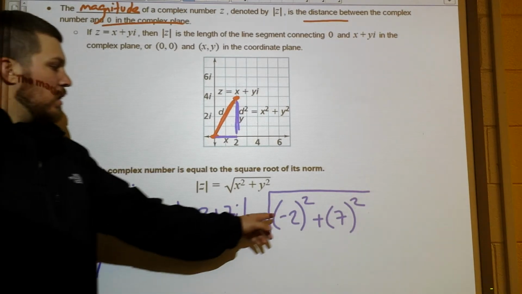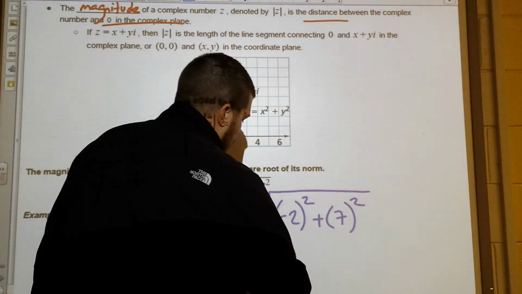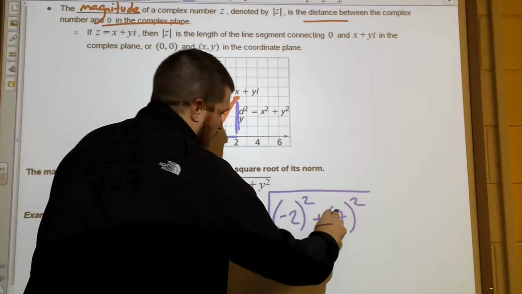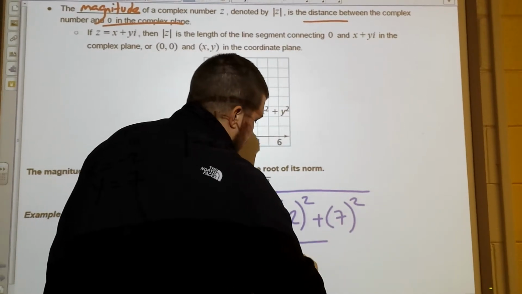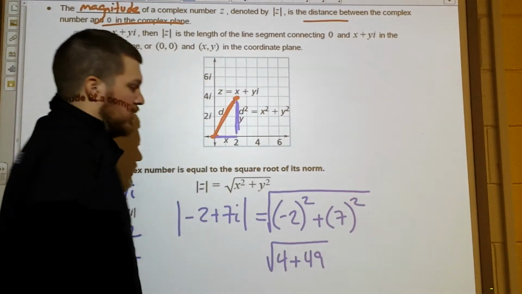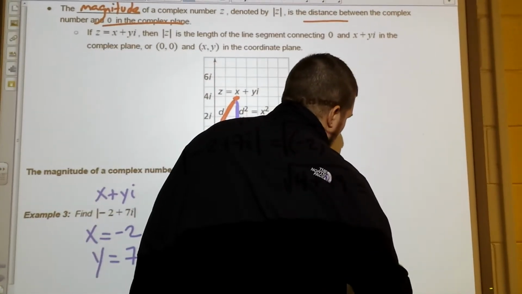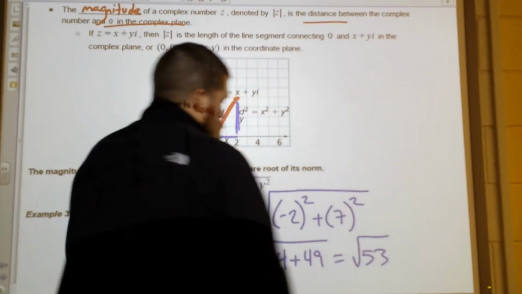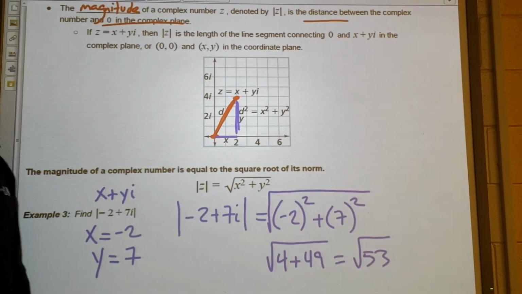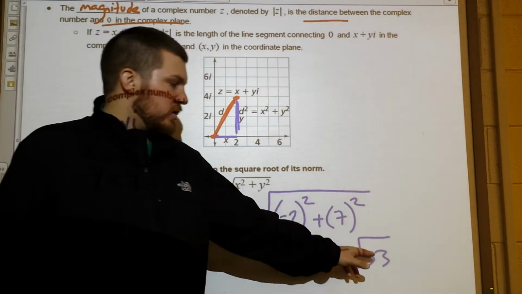Negative 2 squared is 4, so I have the square root of 4 plus 49. 4 plus 49 is 53. So my absolute value is the square root of 53. The square root of 53 doesn't work out very nicely, so I'm just going to leave that alone.